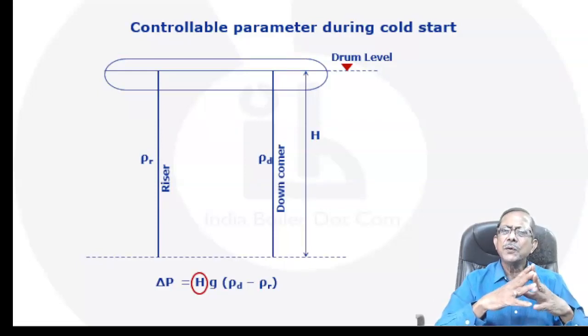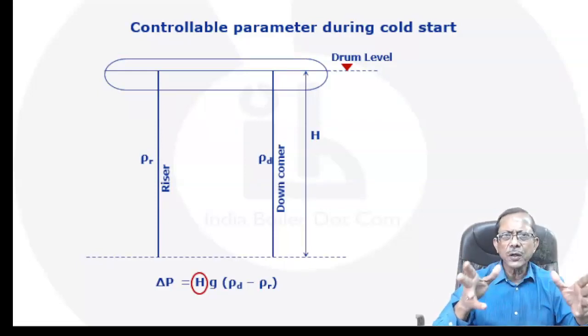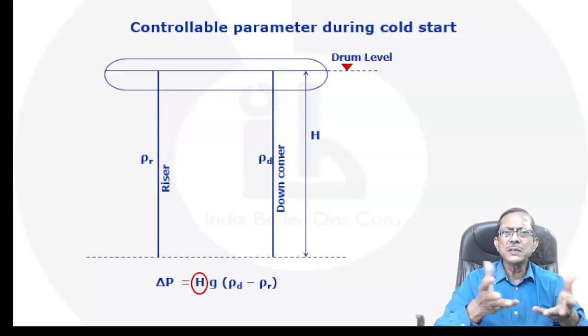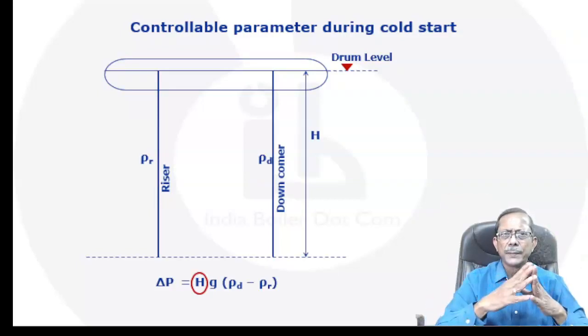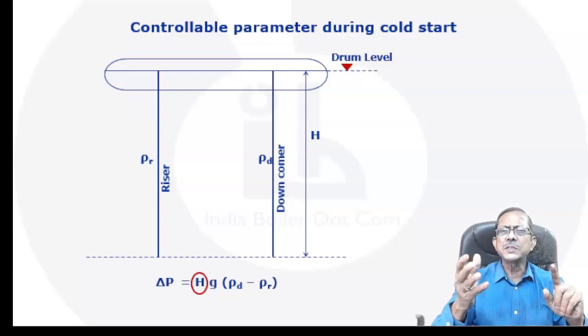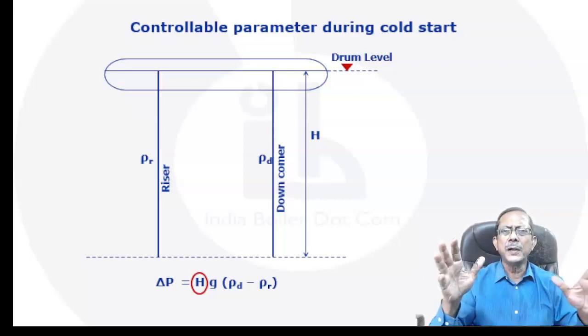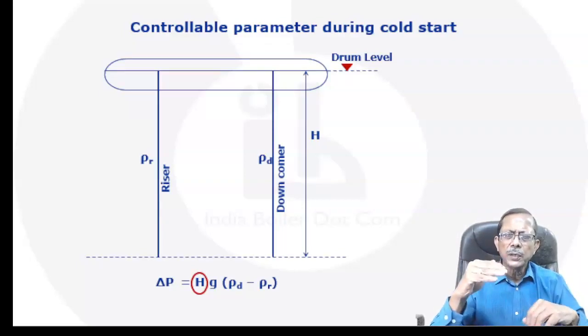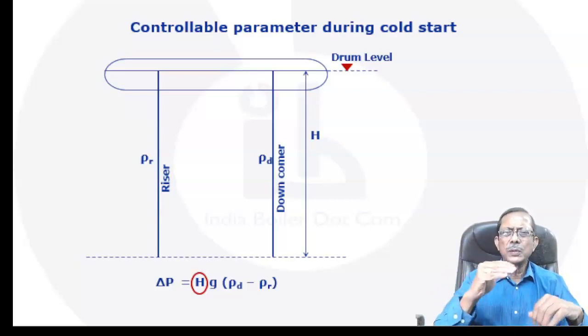Now at the time of cold start, there is another typical phenomenon, I think all of you know about this, and that is called swelling characteristics of the boiler, right? Continuously the drum level tries to go up. And in a power boiler system, if somebody asks you what we cannot do, go beyond the normal drum level or go below the normal drum level?